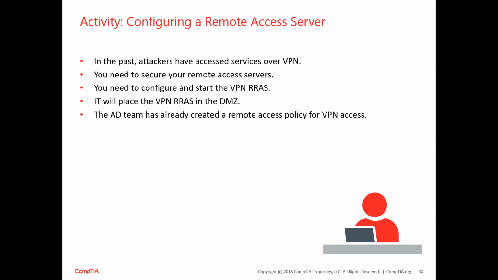Then you can configure how a remote access server can be set up. It's going to be quite a long process for this activity, so maybe next time I will do a video about how to configure a remote access server using Windows Server. So we'll see that one.